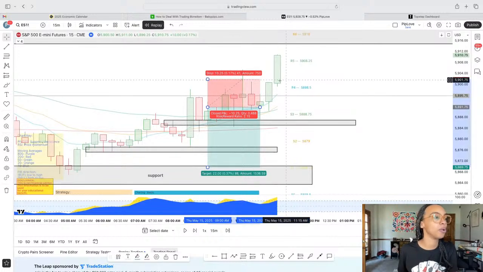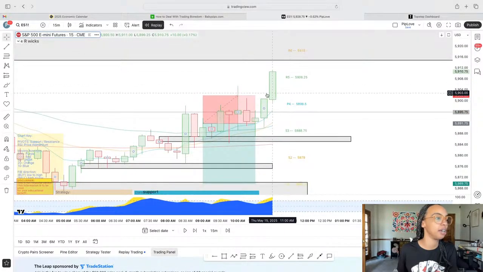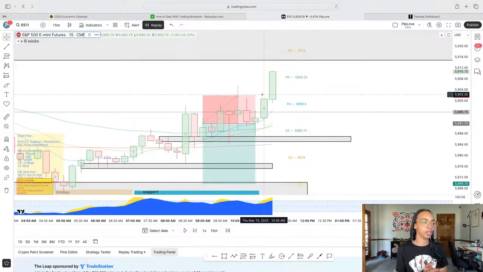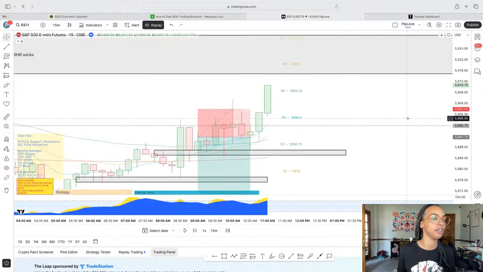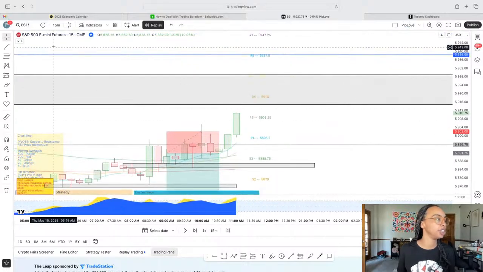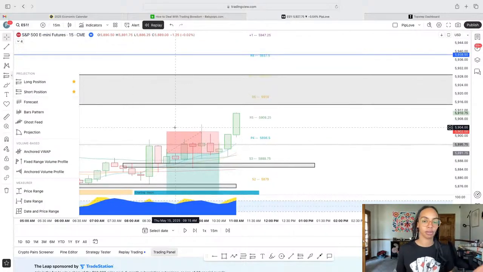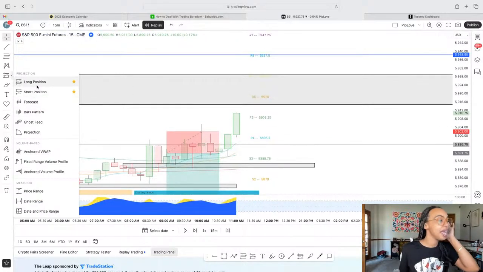Once price made this higher high here and we got this pivotal level shift, that would have been our indication that we need to be looking for some buys. So as soon as you get this pivotal level shift, this is when you have a chance to get out. 10 points. Well, so unfortunate, but we move on.